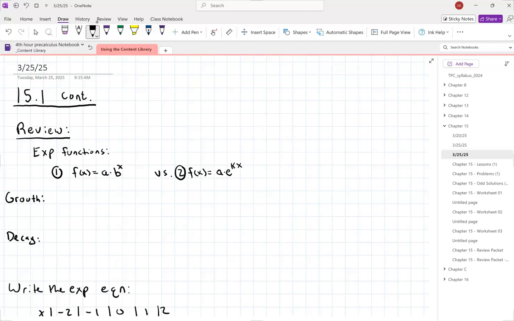So if we're in the form f of x equals a times b to the x, we can identify it as growth if the a is greater than 0 and the b is also greater than 1. Or if a is less than 0 and then b is between 0 and 1.